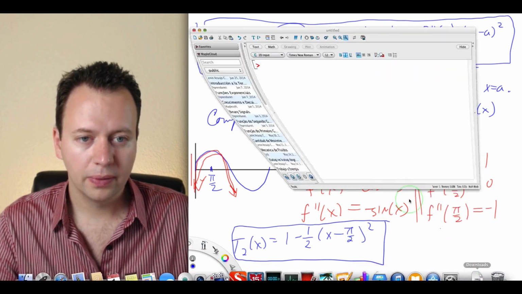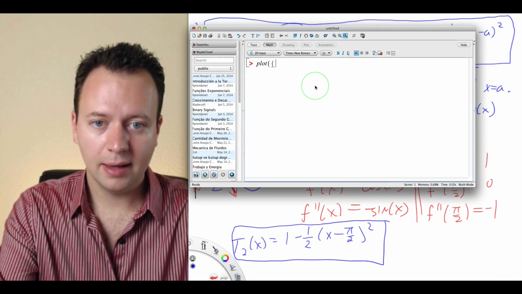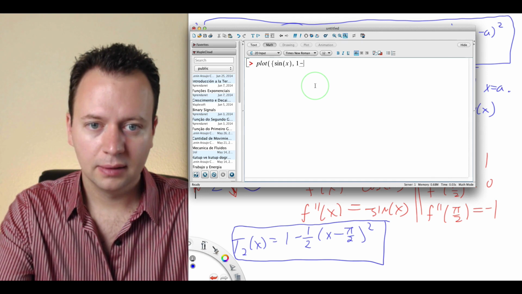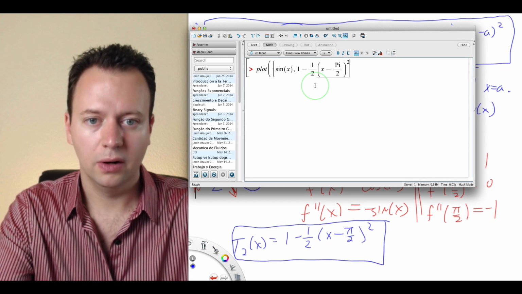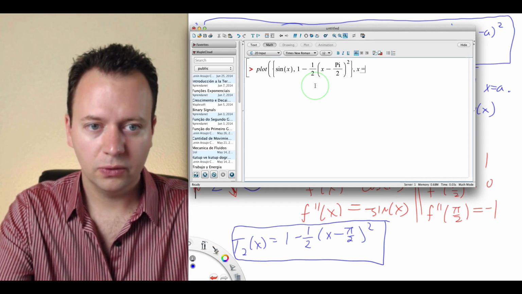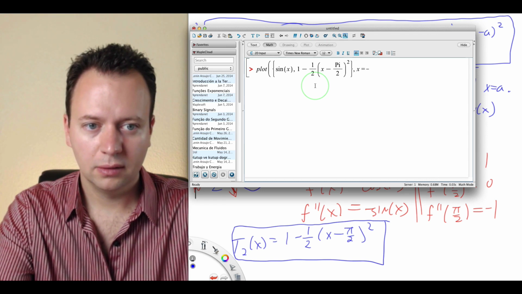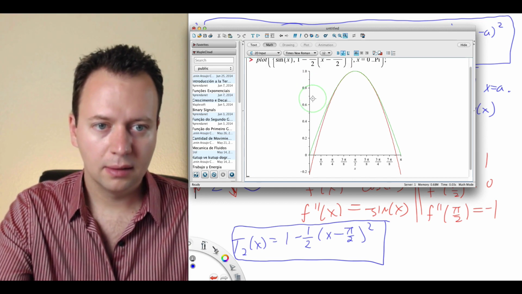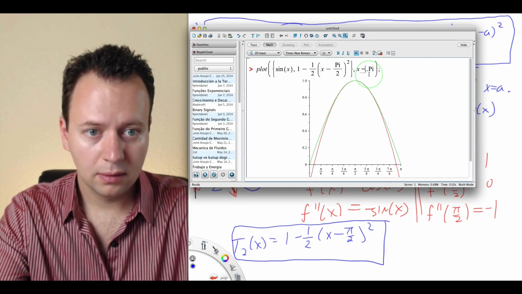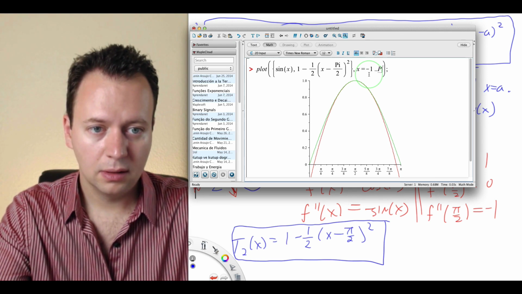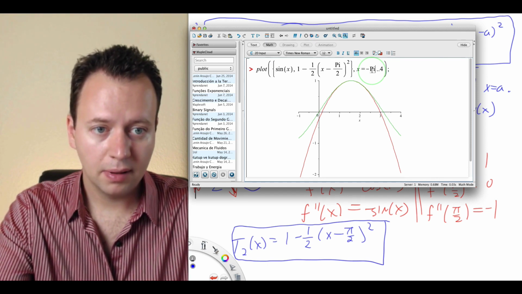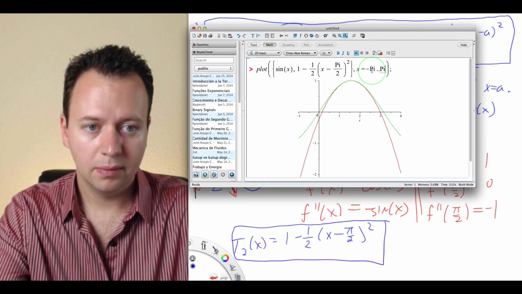So what we can do is plot this. Plot sine of x, and then 1 minus 1/2 x minus pi over 2 squared. Let's go x from minus pi to pi.